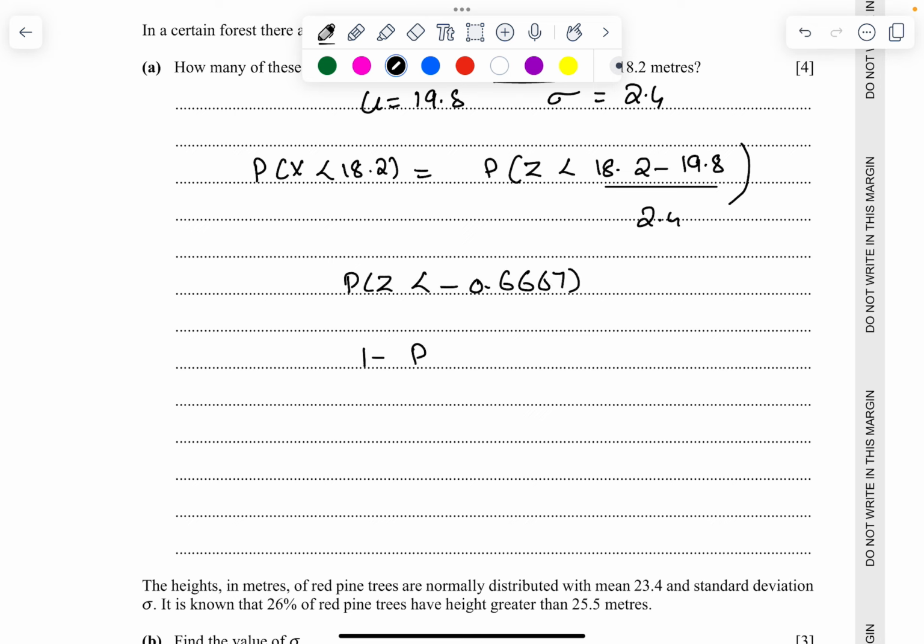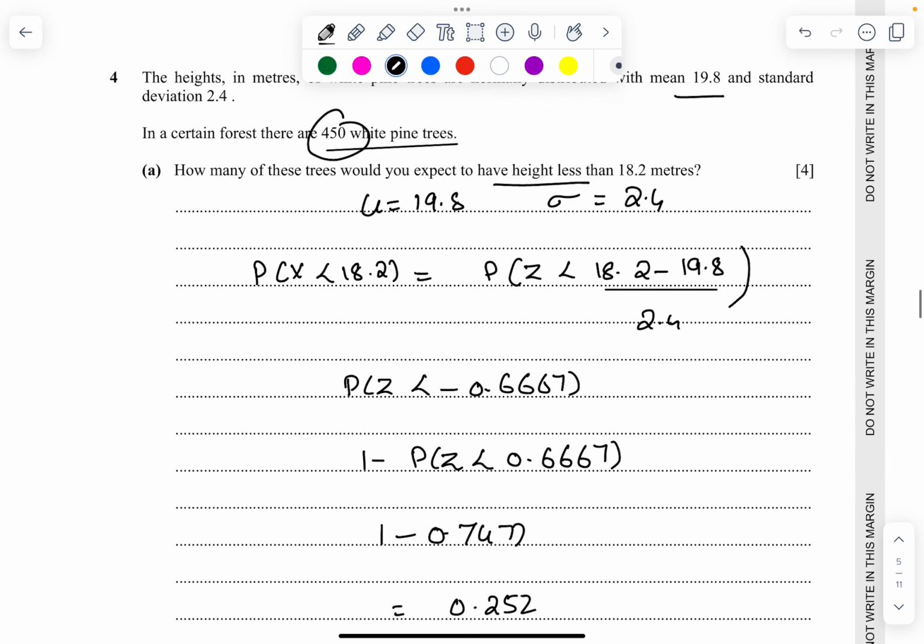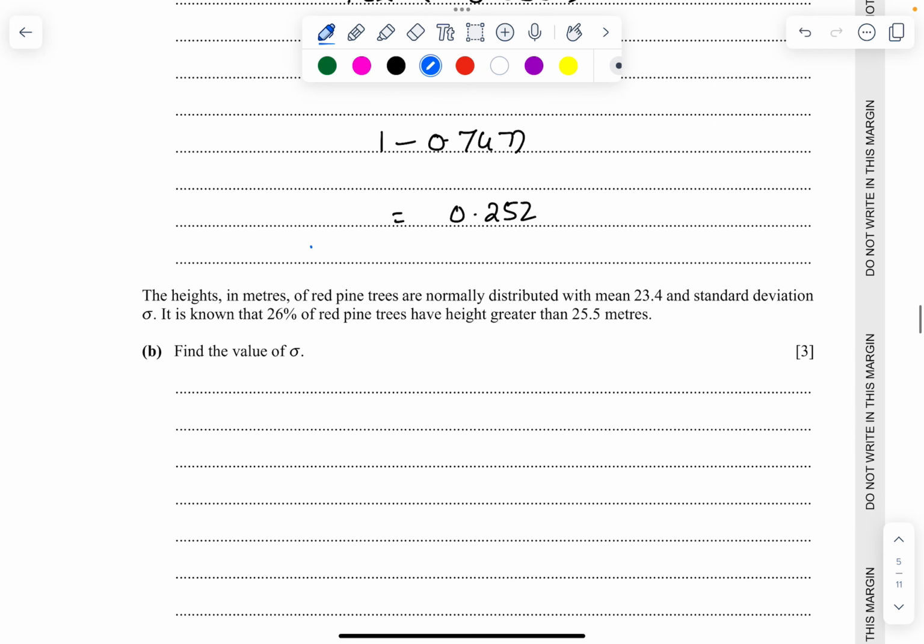So 1 minus probability of z less than 0.6667, which is 1 minus 0.7477, which is 0.252. That's going to be the answer. But how many are there? 450 pines. So therefore 450 times 0.252, which is going to be 113.